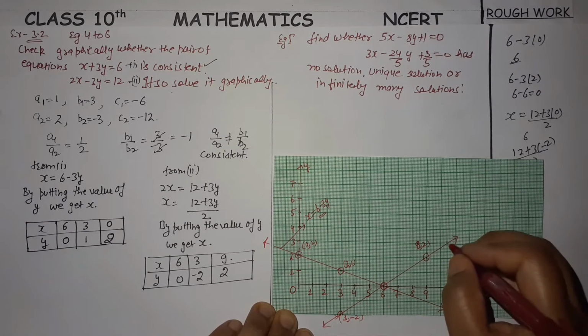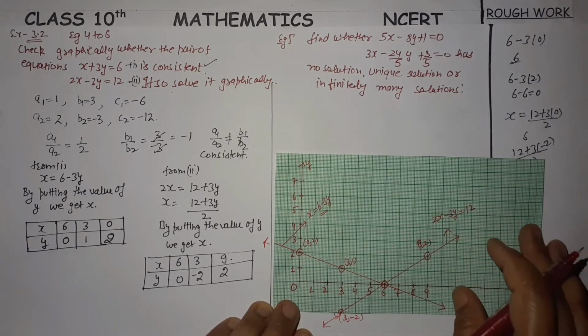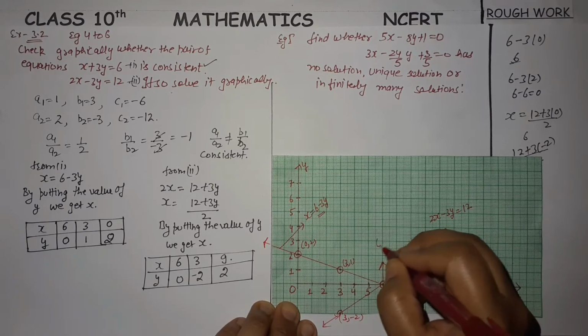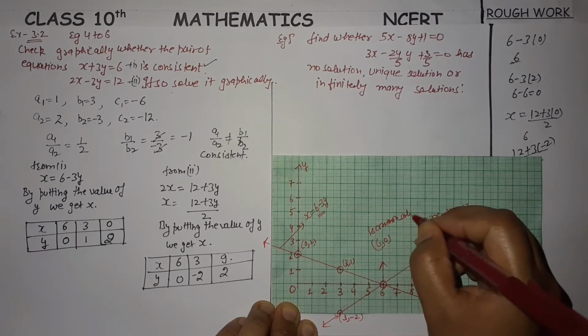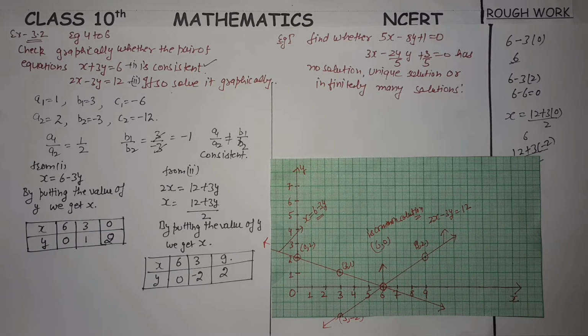The name of the line is 2x minus 3y equals 12. Here 6 comma 0 is a common solution of both lines. That's why the answer of the equations is x equals 6, y equals 0. That is your answer.